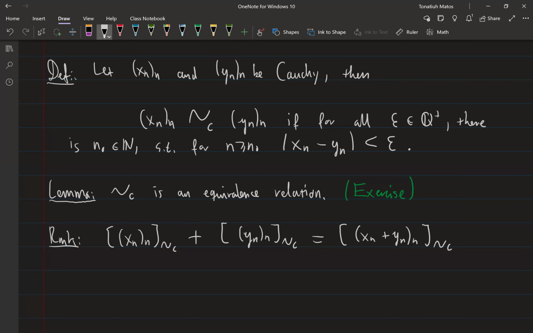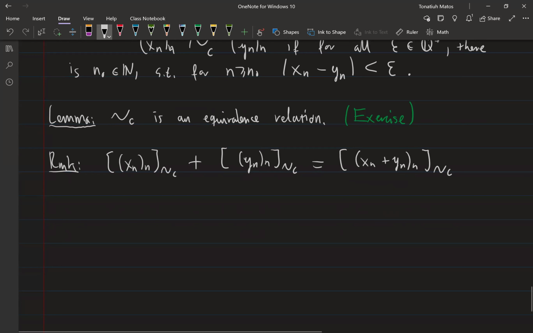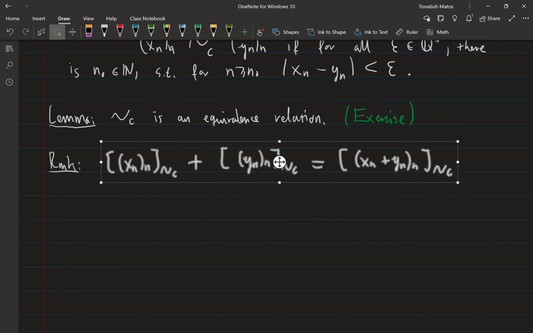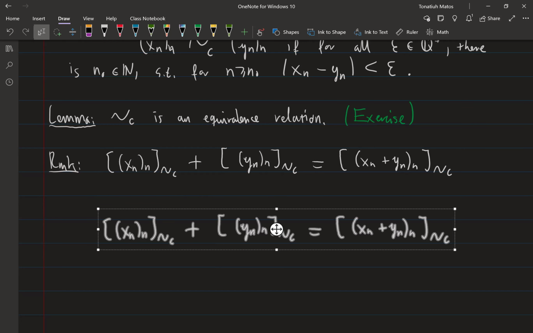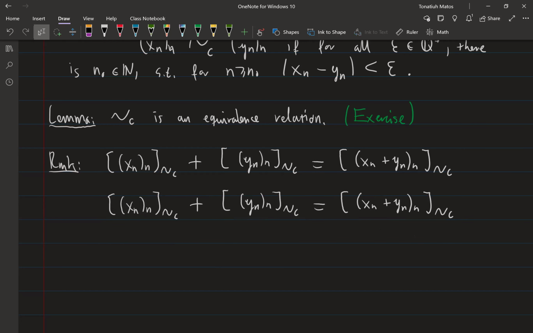So this is a valid class, right? And the same for the product. Maybe we can just copy paste that in. And this is how you add, and okay, that's not at all what I wanted to do. This is how you multiply and add real numbers together.